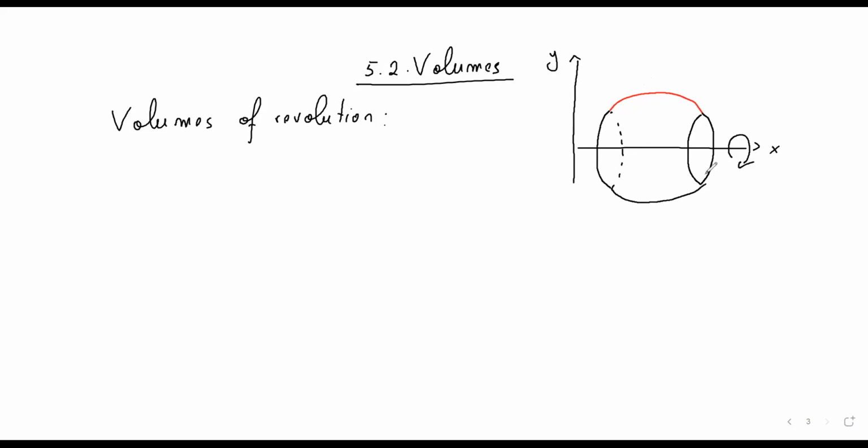Let me make that red actually. So this shape here is red. Okay, so that shape is red. And of course, it's red all over. So there we go. That's my barrel that I obtain with this rotation.